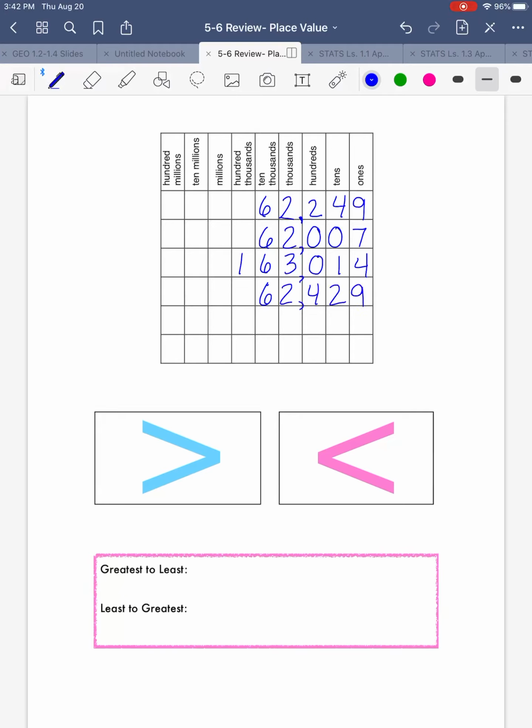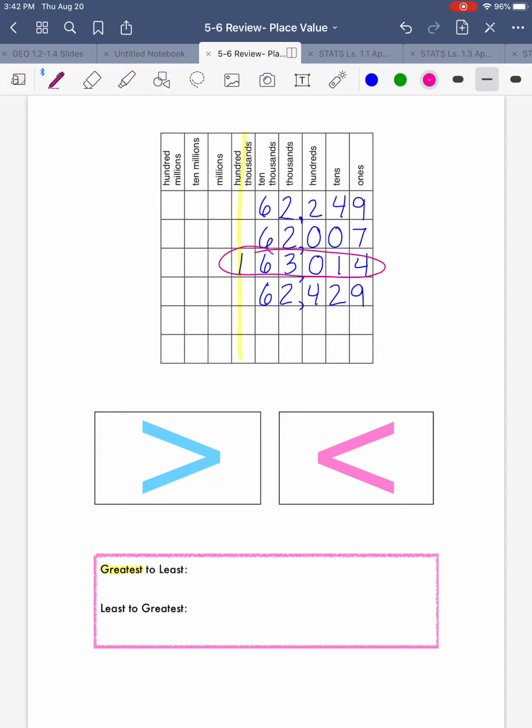62,429. Now we're going to look at those numbers and at individual place values, and we're going to start on the left with the highest place value because we're being told to order them from greatest to least. If you look at each column, you see that the only number that is in the hundred thousands is 163,014.